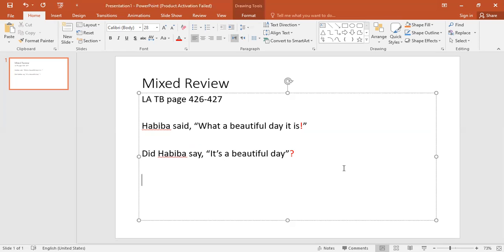She didn't ask a question. She said it's a beautiful day. So here I am asking if this is what Habiba said. Is this clear, guys? Do we see when we put the end mark inside and when we put it outside? Is it confusing, or do you understand?